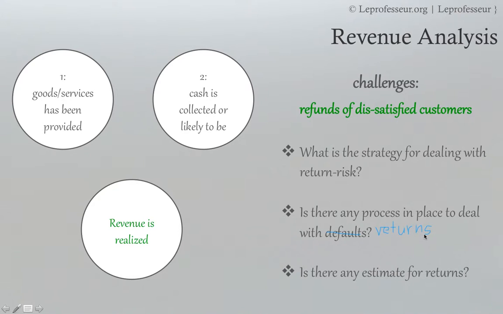Is there any estimate of returns, that in a year we sell this many items, and this many customers are dissatisfied and return them? And if there is such an estimate, how are those numbers used when doing forecasting, or preparing accounting numbers for quarterly or annual results?